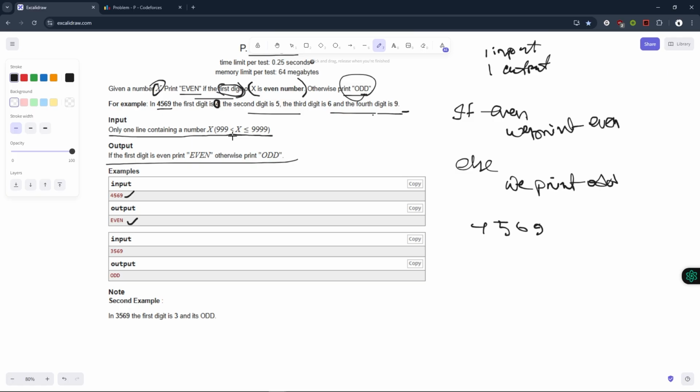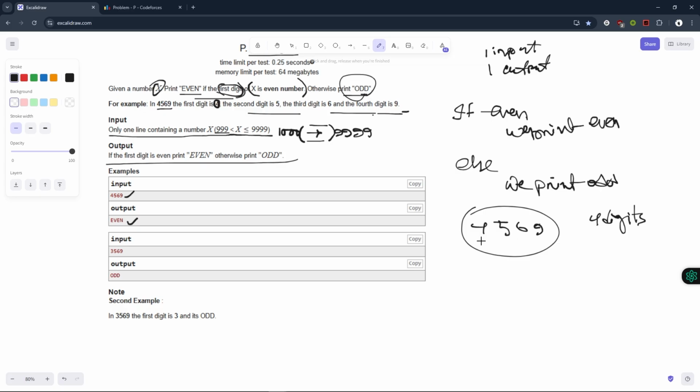They told me the number is going to be greater than 999 and smaller than 10000, which means there's going to be only 4-digit numbers. So we don't have to calculate how many digits there are.